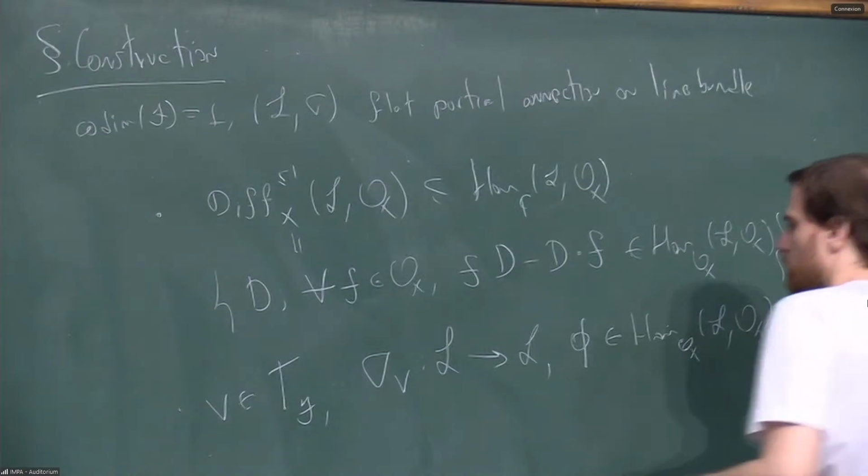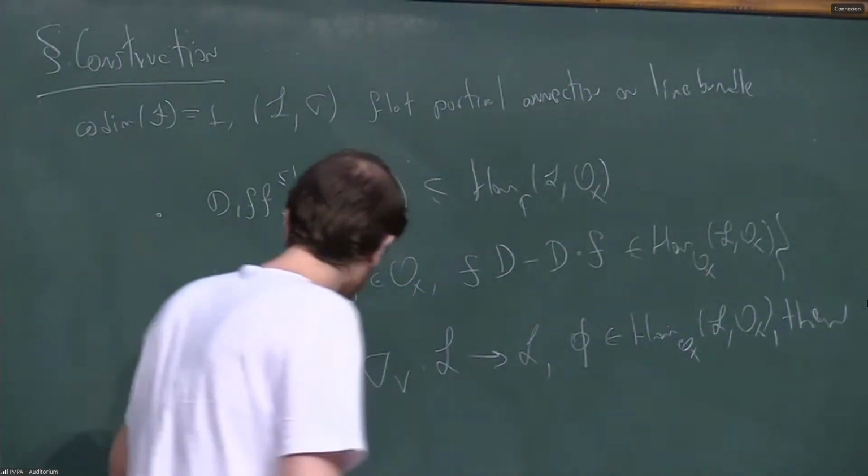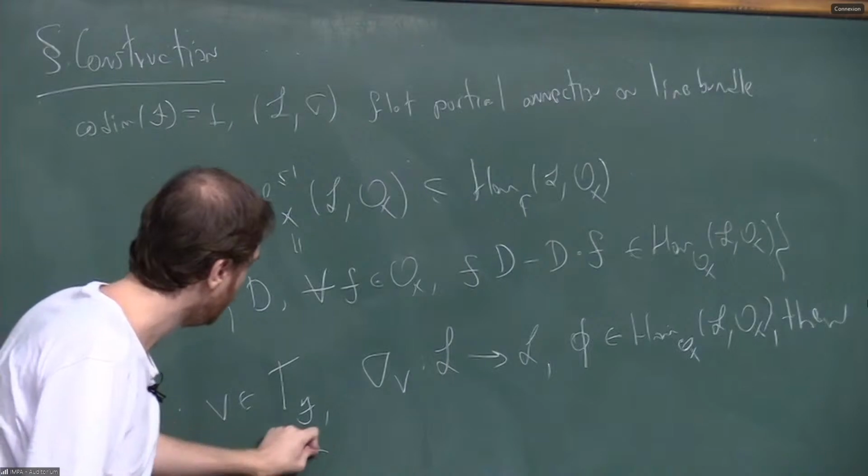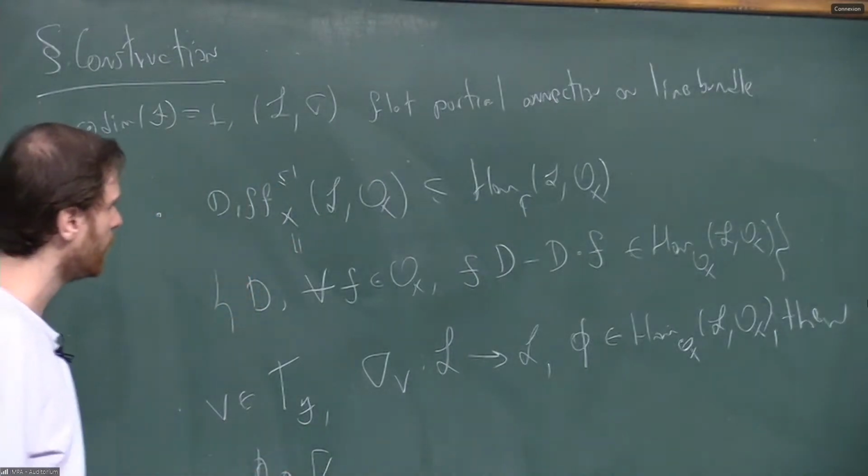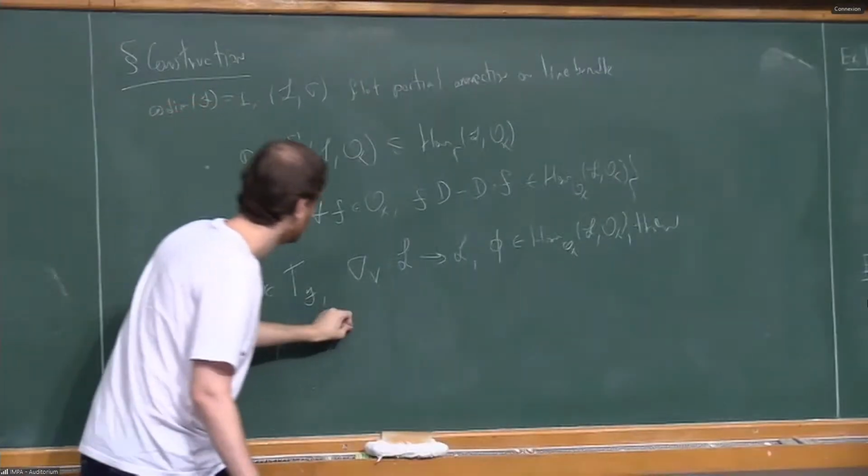Then the composition of phi and nabla_v is inside this sheaf.